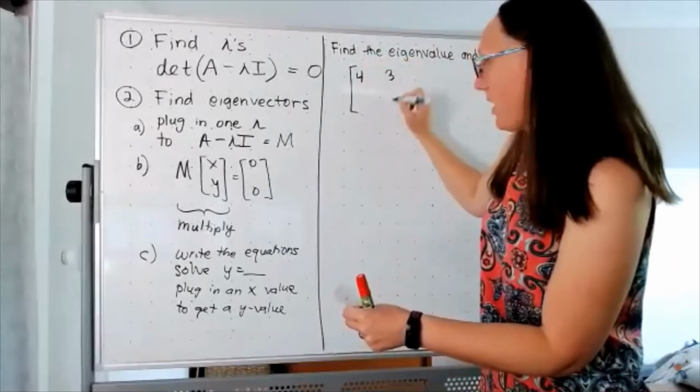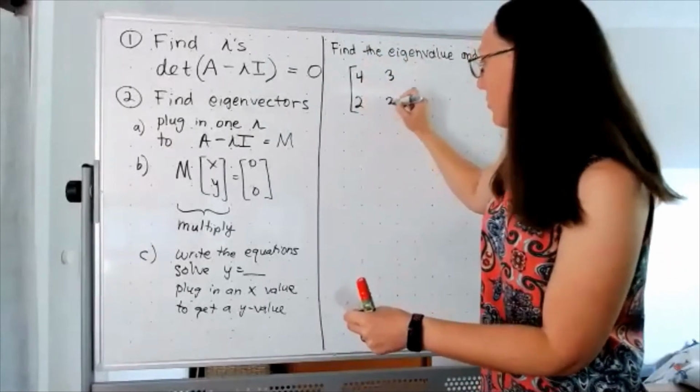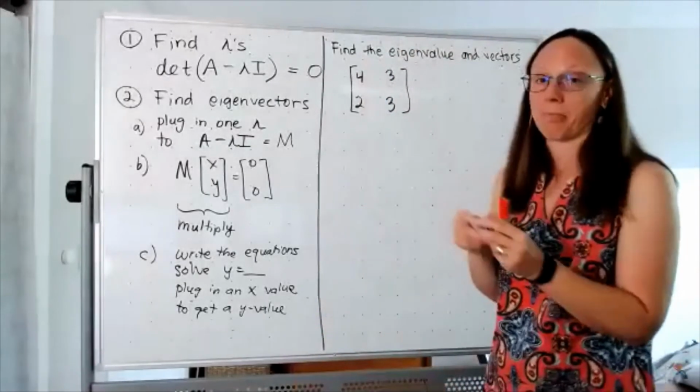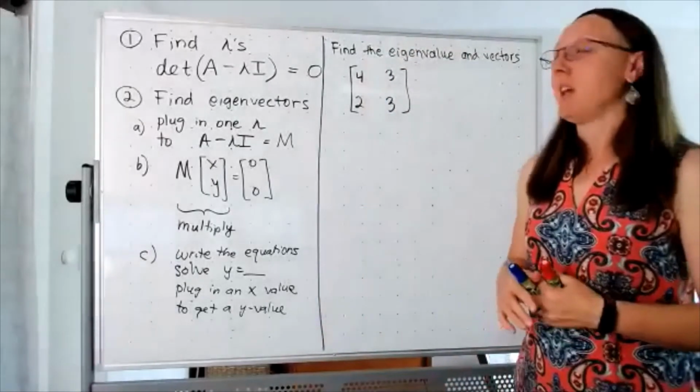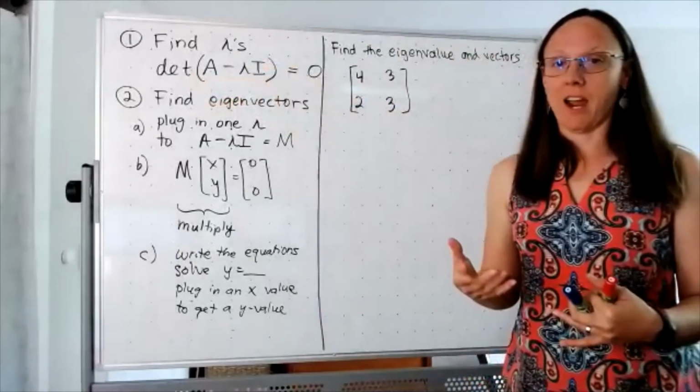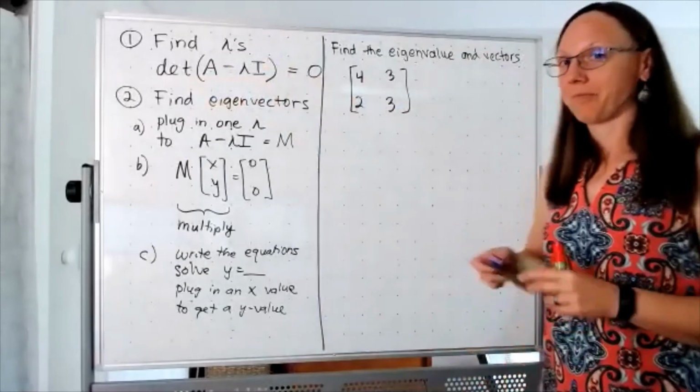The matrix is 4, 3, 2, 3. So our first step is to find the lambdas by doing the determinant of A minus lambda I and setting that equal to 0.